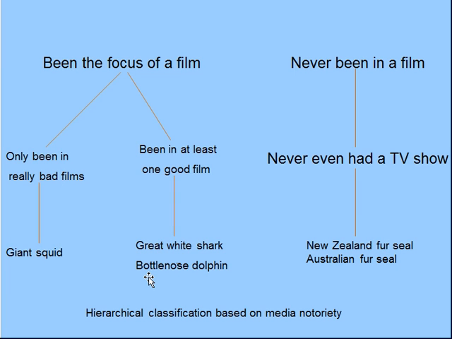Well, there were dolphins in one where they were treasure hunting in the Caribbean. Anyway, they've been in at least one good film. Never been in a film, never even had a TV show: New Zealand fur seal, Australian fur seal. So there you go, and this classification is based on media notoriety.